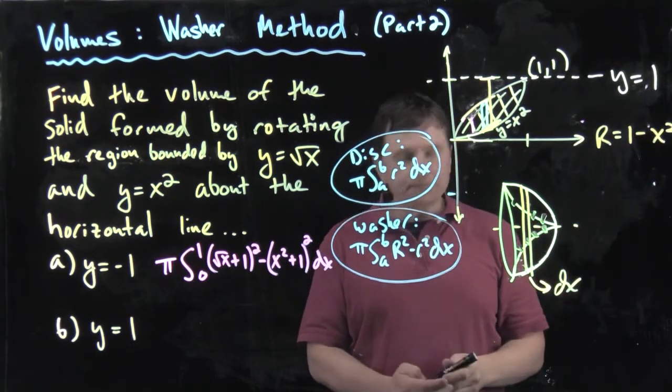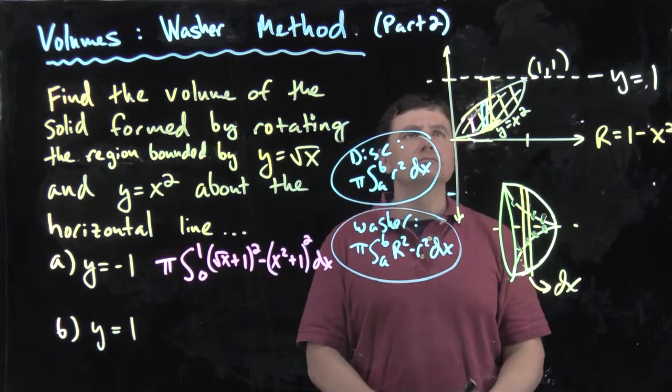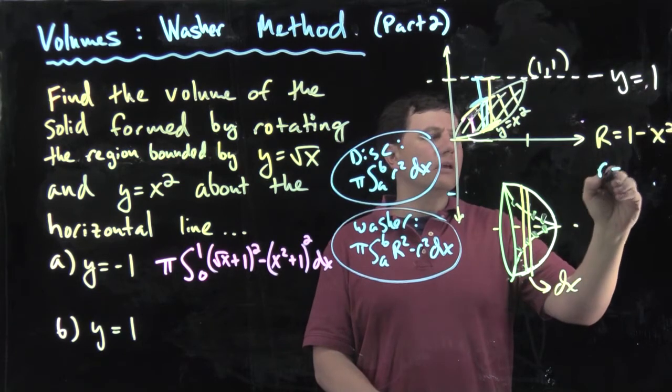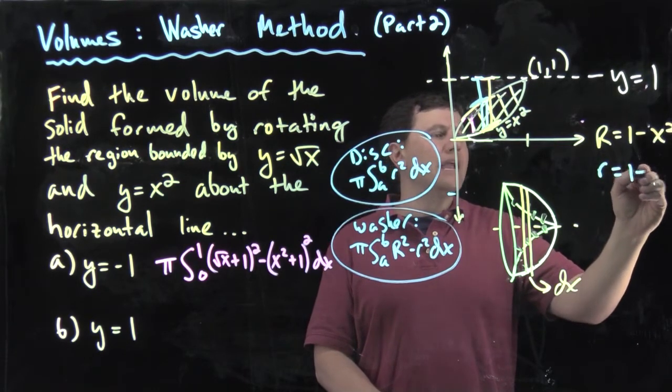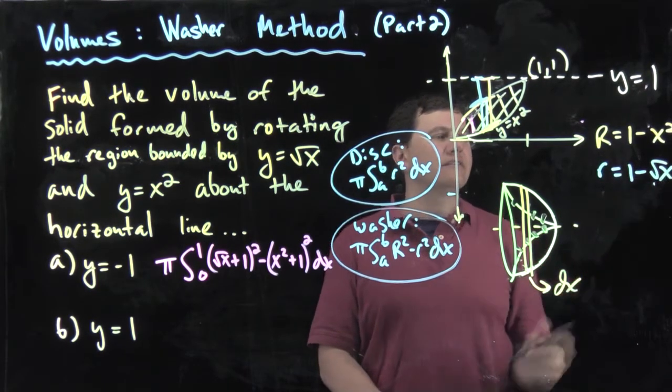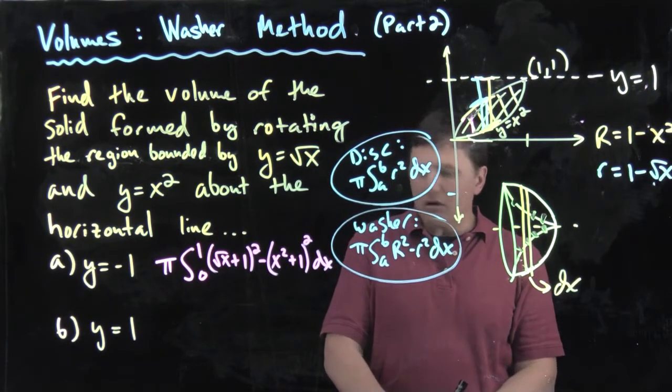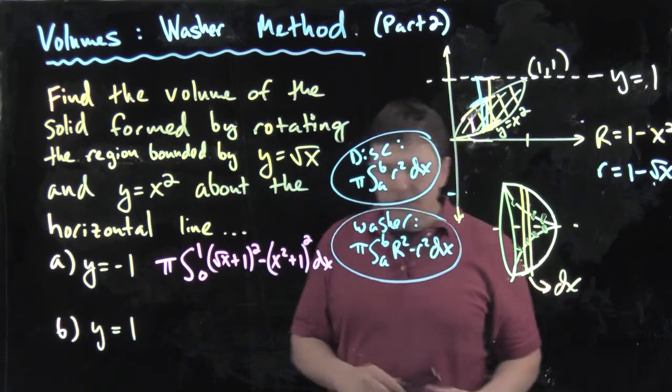My little r, which is right in here, that's the hollow, is going to be 1 minus square root of x. And that's really it. You just have to figure out what big R is and what little r is, and that will do the trick. So let's put that together.